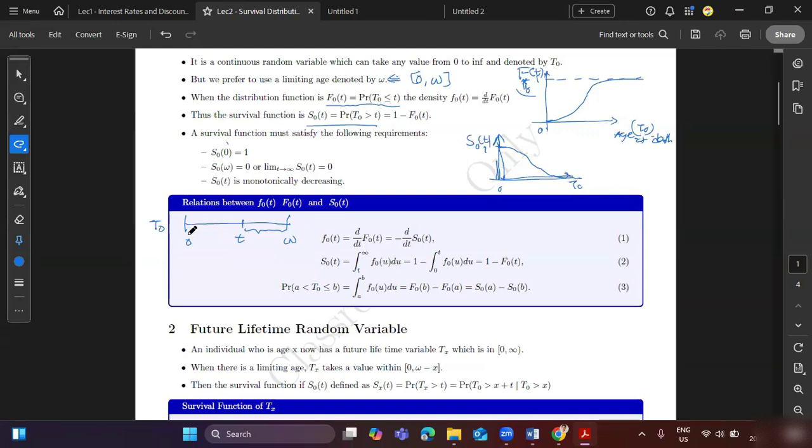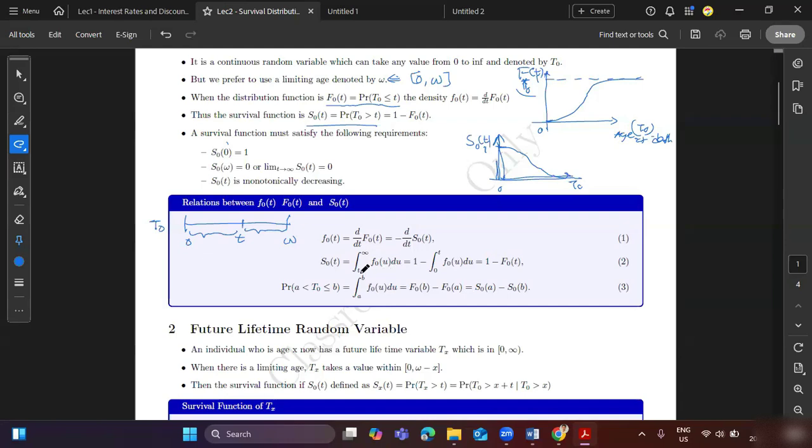Or if you get this area of the curve and subtract it from 1, eventually you get this area as well. Because we know that integration gives you the area between the curve and the x-axis for that function. And being a density function, we know that the total area is equal to 1, which comes from the axioms of probability.